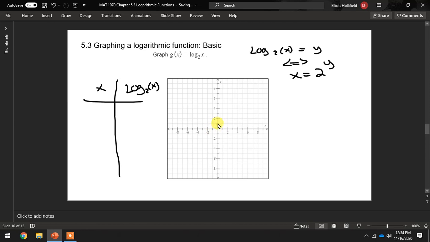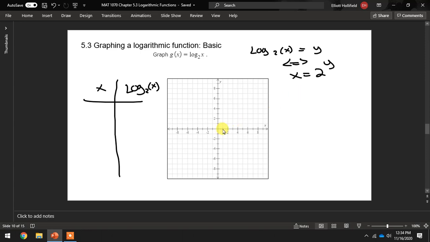So what if we picked x is equal to, let's see, what's a good choice? Well, let's first pick 0 for x. Oh, no, we can't pick 0.